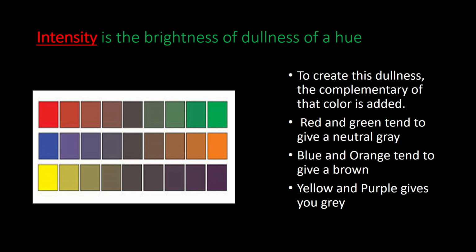Now, when you mix two complementary colors, you get browns. Depending on which two complementary colors you mix, the brown may be different. My personal favorite is orange and blue. That gives you a really nice brown that I use in most of my artworks.